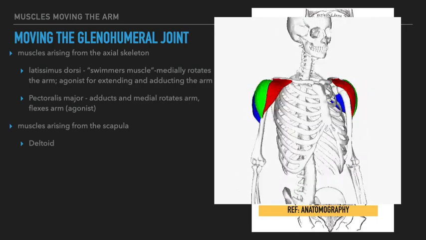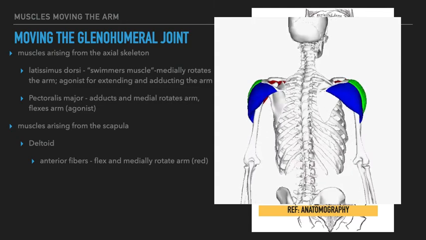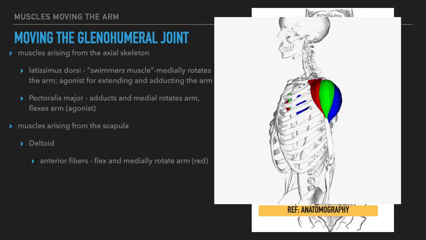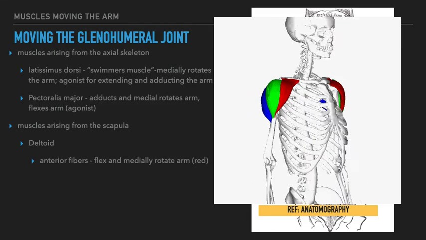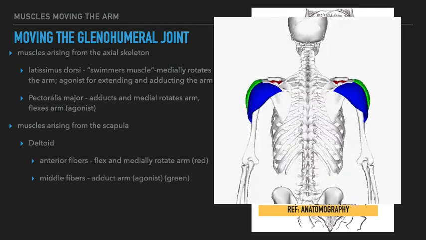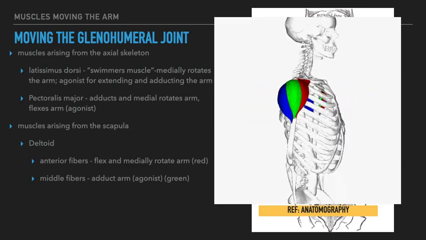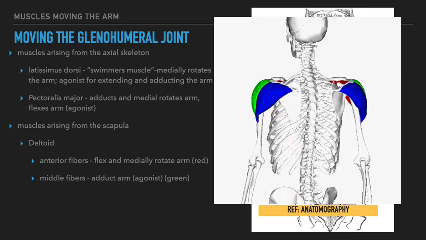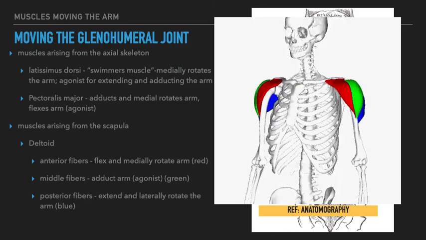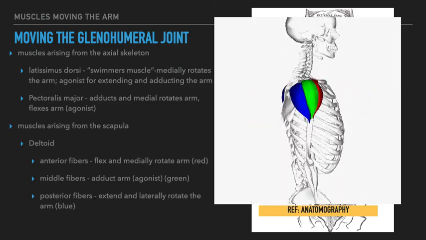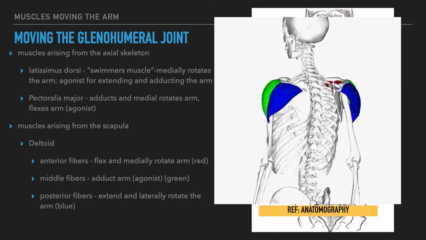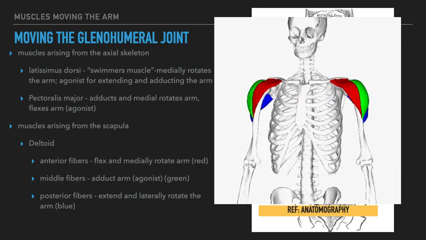So the anterior fibers are going to flex and medially rotate the arm. The middle fibers are going to adduct the arm. They are an agonist there. And then you have the posterior fibers, and these are going to extend and laterally rotate the arm.